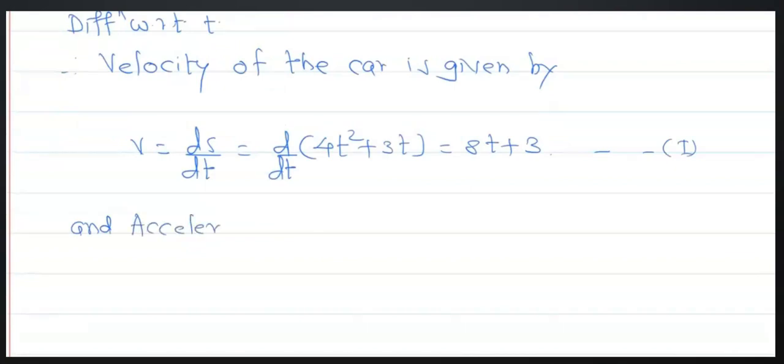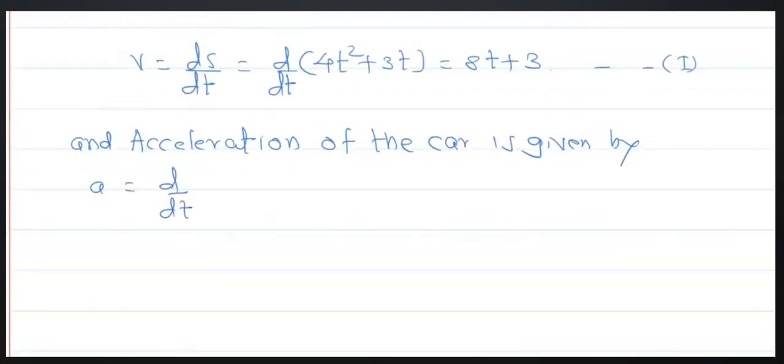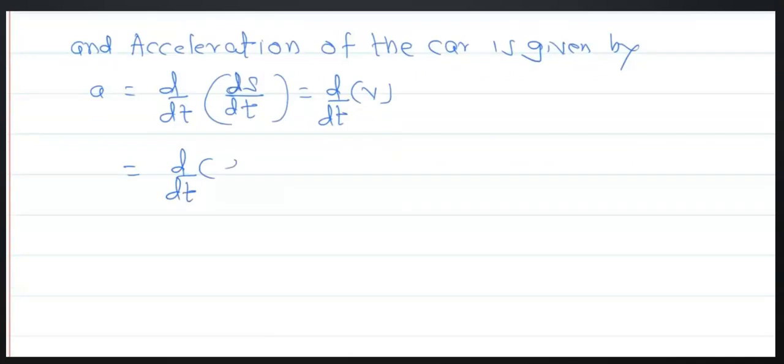Acceleration is given by a equal to d/dt of ds/dt, the derivative of 8t plus 3, which is 8.